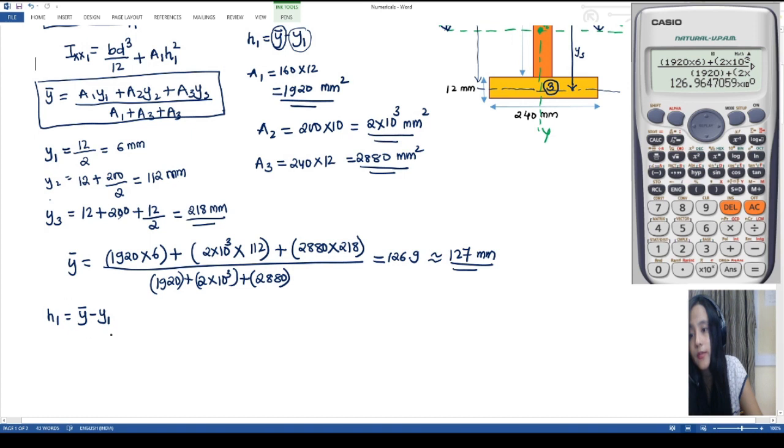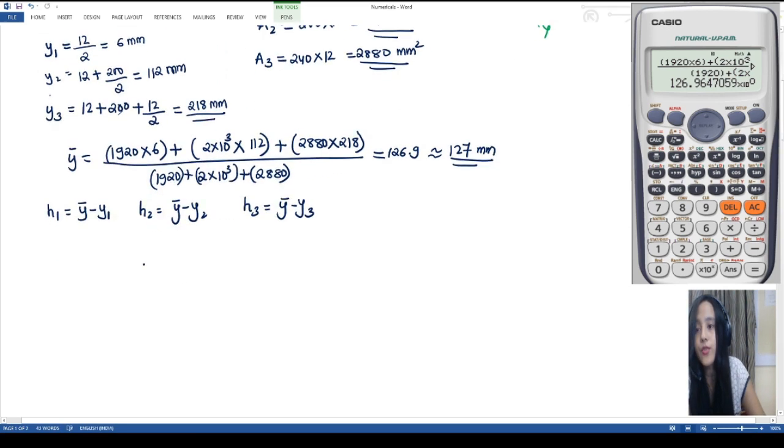I have my y bar and y1 also. Y bar came equal to 127 and y1 is equal to 6 mm. Similarly, h2 will be equal to y bar minus y2, and h3 will be equal to y bar minus y3. So this is how you find h1, h2 and h3.